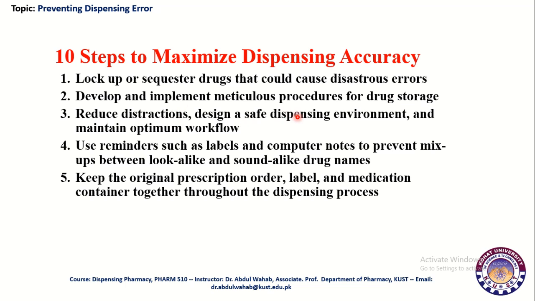Design a safe dispensing environment and maintain optimum workflow. Fourth, use reminders such as labels and computer notes to prevent mix-ups between look-alike and sound-alike names. Fifth, keep the original prescription order, label, and medication container together throughout the dispensing process.